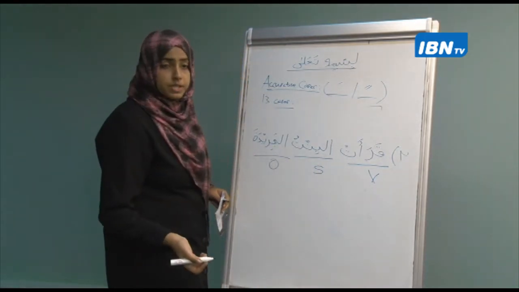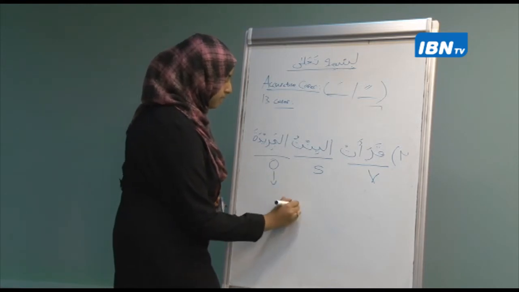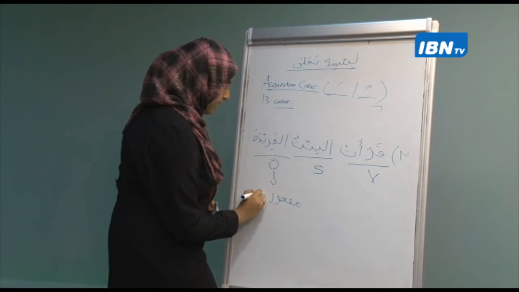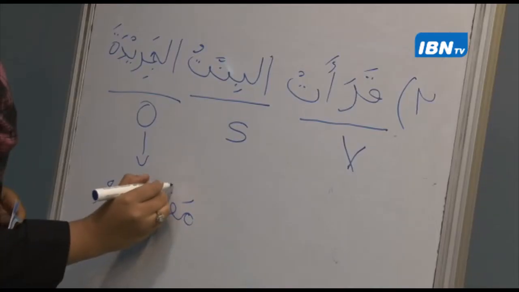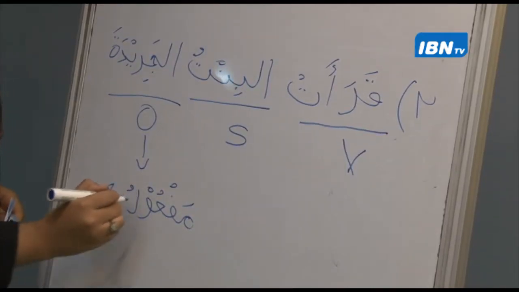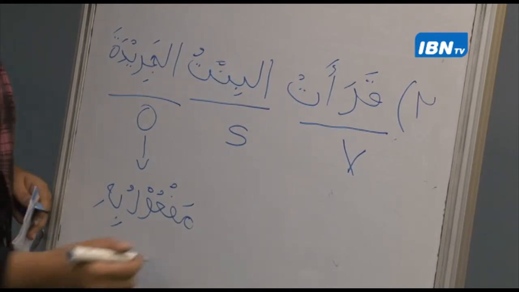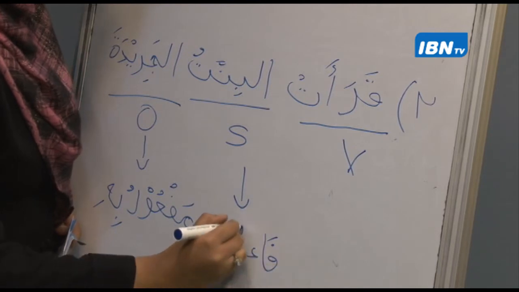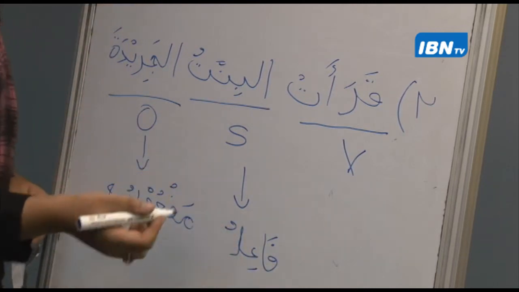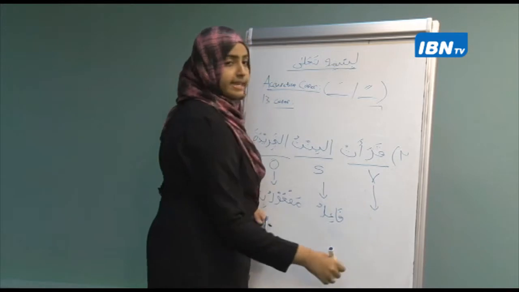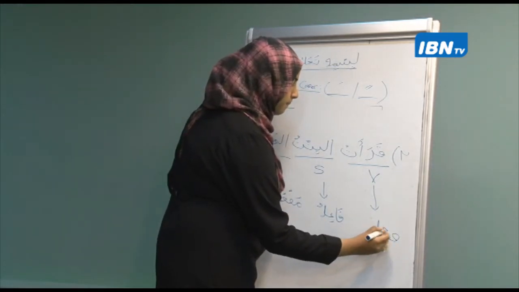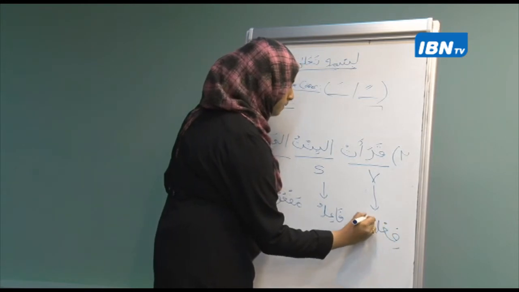My object is maf'ulu bihi. My subject is fa'il. This tense is fi'lul madhi, meaning past tense.